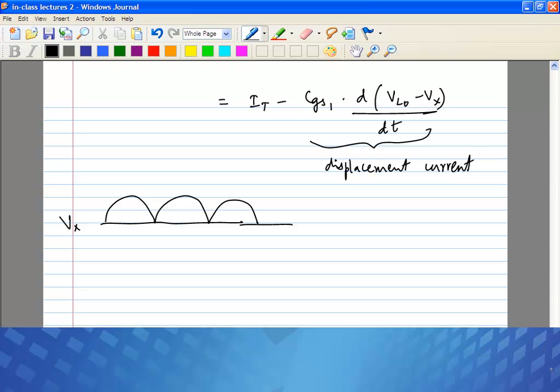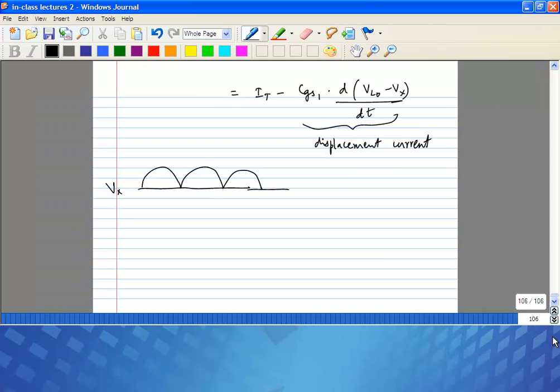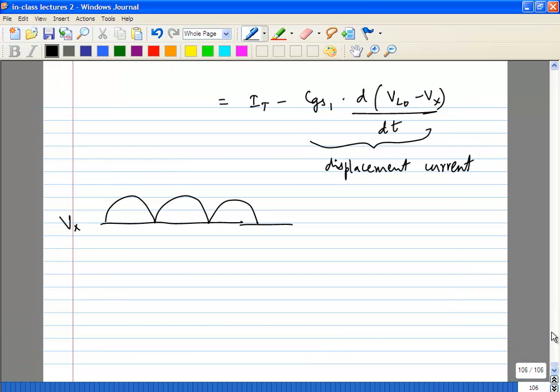What else do we know? We also assume that the switch is switching immediately and very fast. What do you need for that? Let's consider this guy. We assume VLO is large so that it will switch immediately, and it's going to be a function of VDSAT.